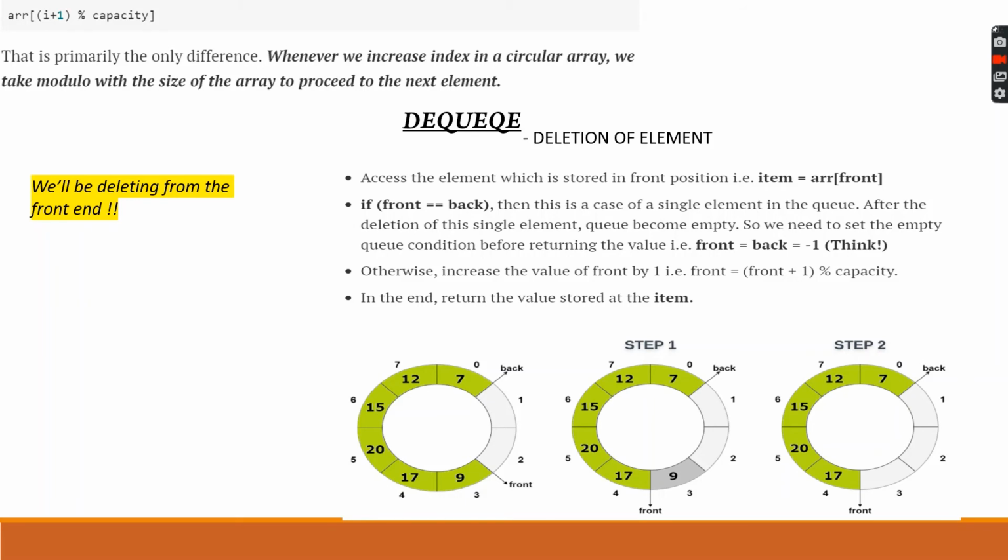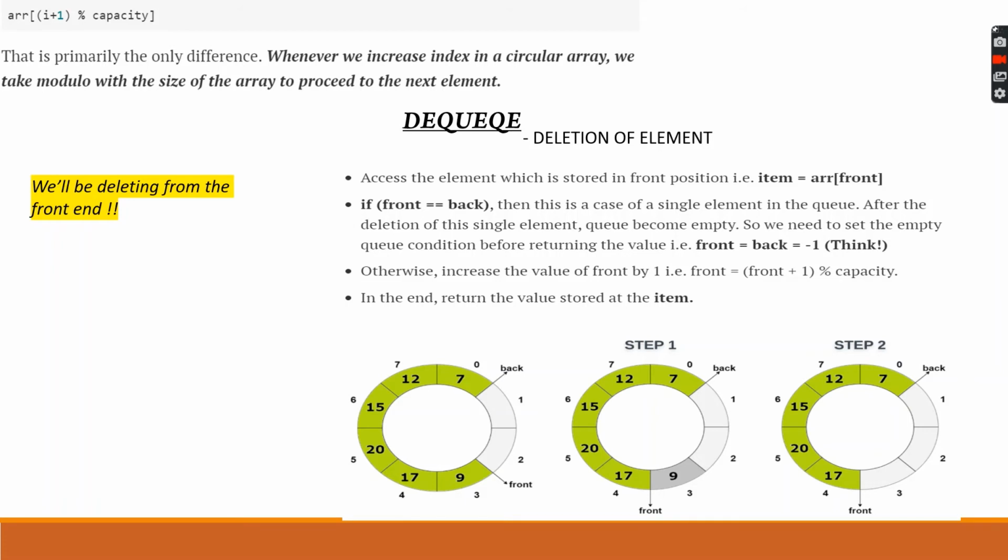This is done using the statement item = array[front]. In the next step, if front == back, then there is only one single element in the queue. In that case, you should set front = back = -1, to show that the queue is now empty.